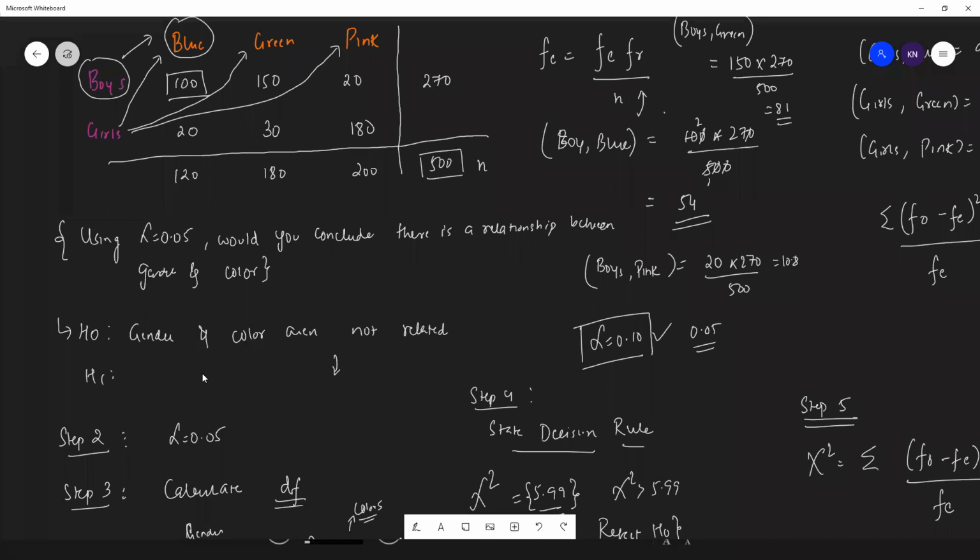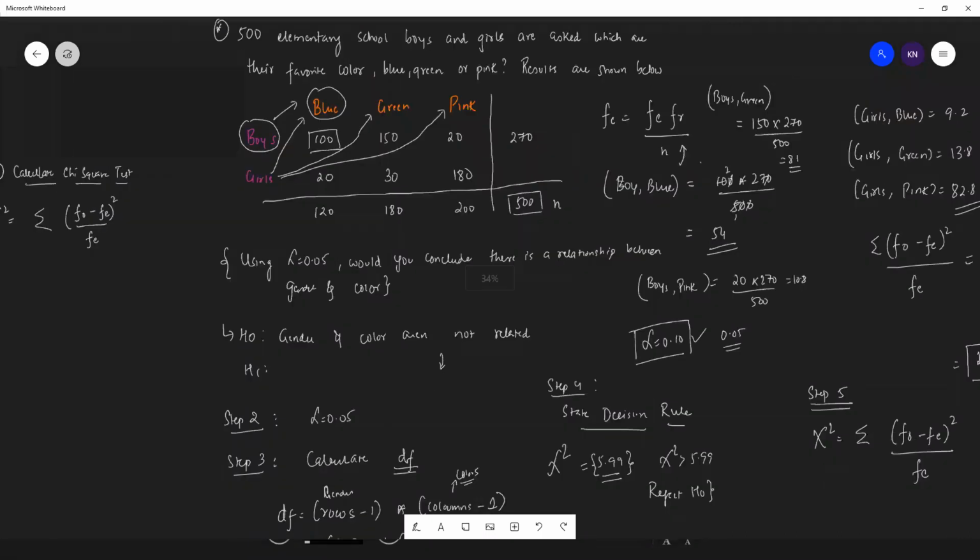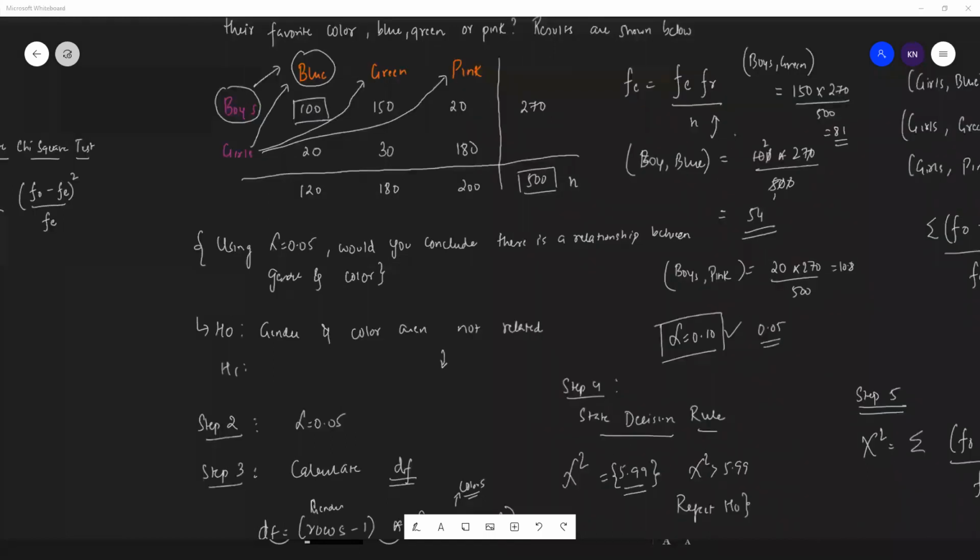If the decision rule and calculated value are equal, how do we conclude? Then obviously we have to accept the null hypothesis. Yes, there is a relationship between gender and color. You can also say that there is no relationship, there is a relationship. You can say that.